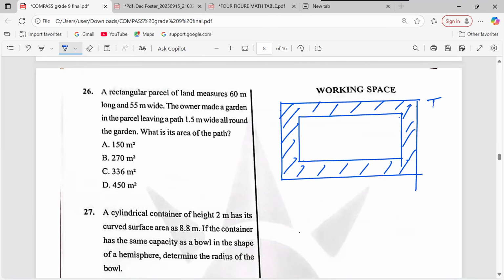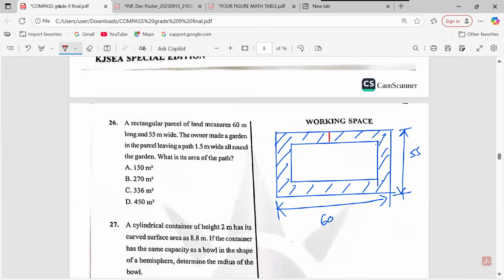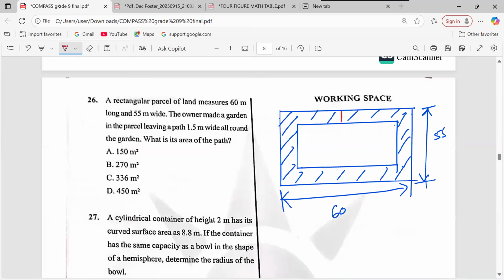We know very well the outer length is 55, and the other outer length is 60. But something to note with a lot of concern is that we are leaving a path 1.5 meters wide.